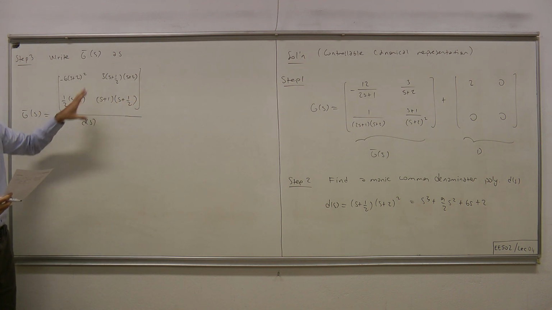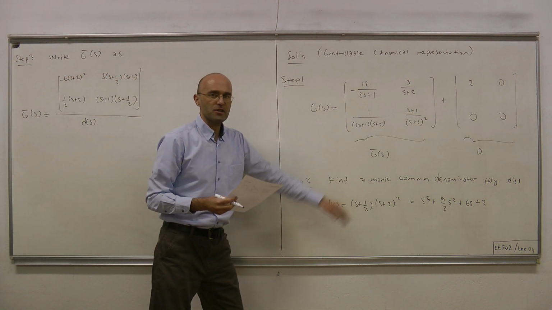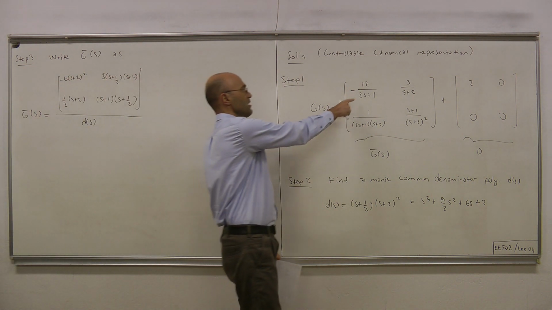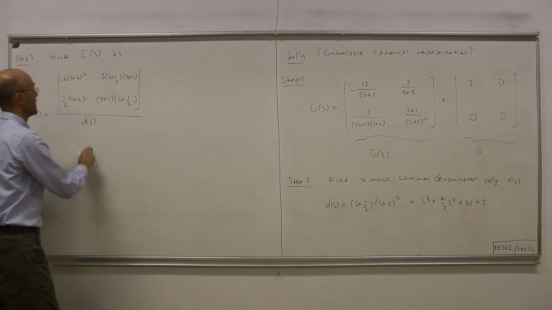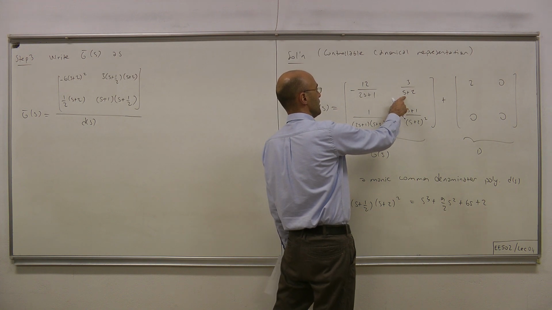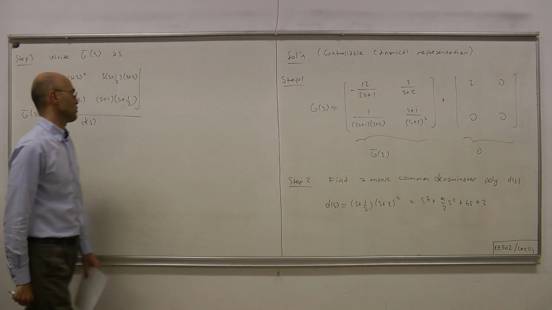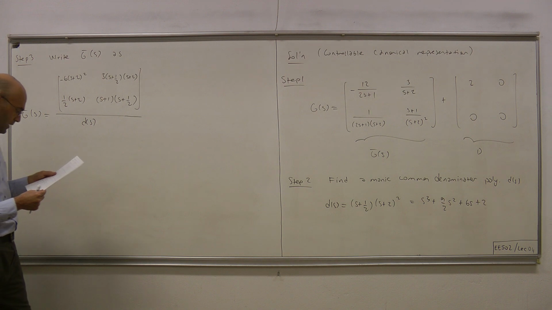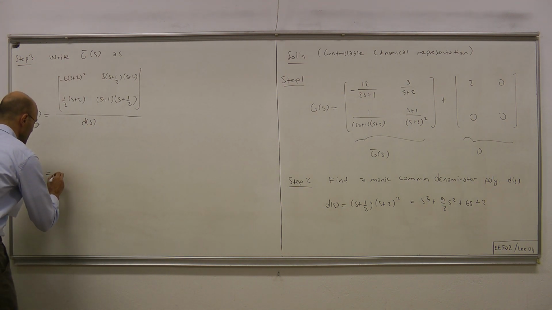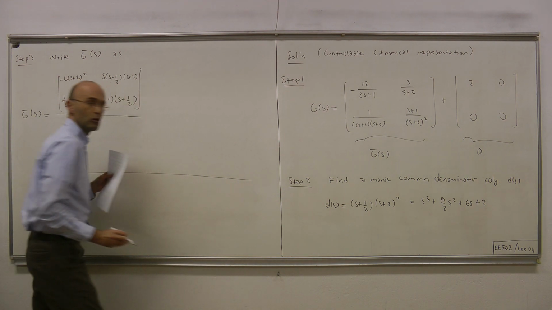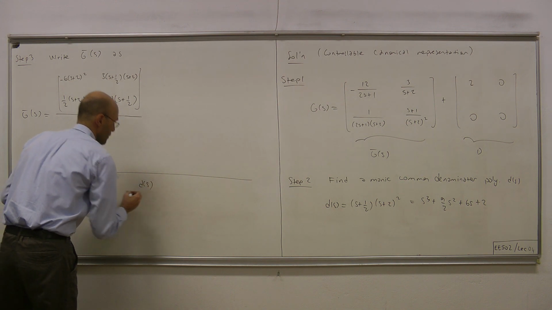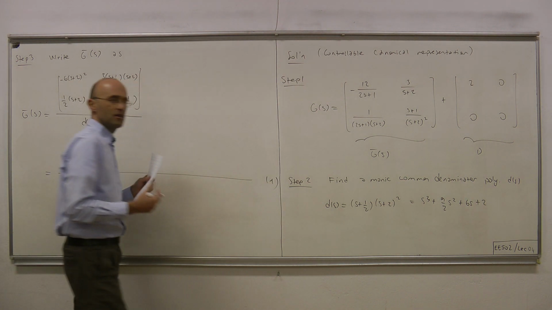Okay, it's just a simple re-expression of g bar of s. Note that this divided by d of s gives you the first entry. This divided by d of s gives you the first row, second column entry, and so on. Okay. And we will now write it in even longer form, but it will pay off eventually. Let's call this equation 1.